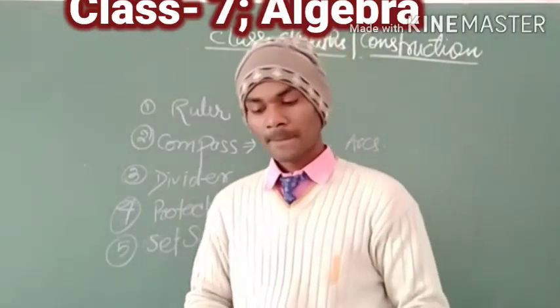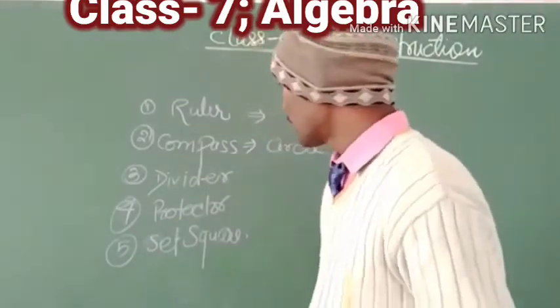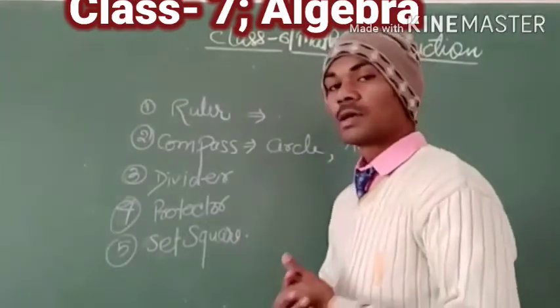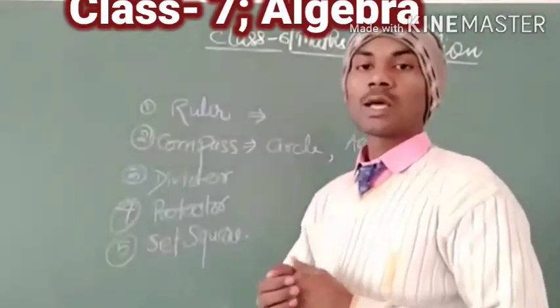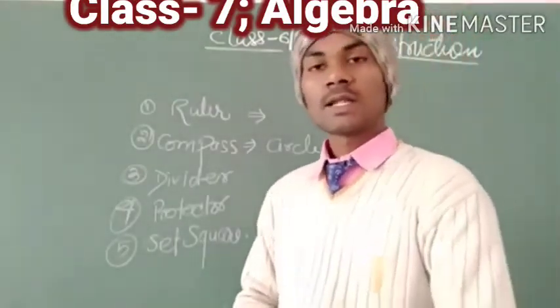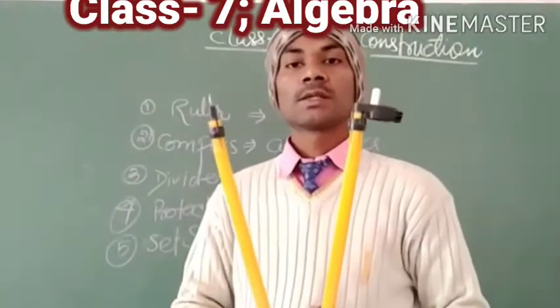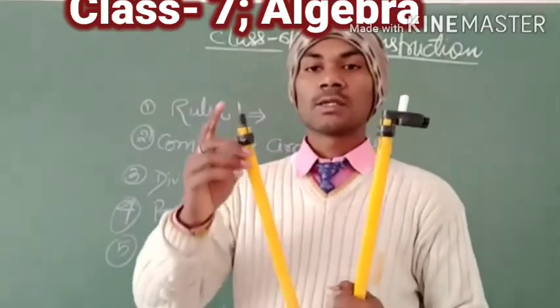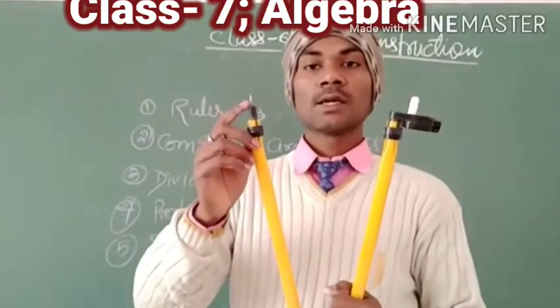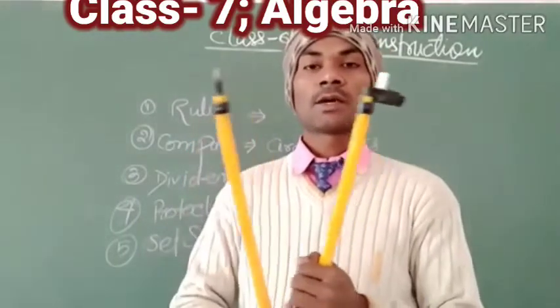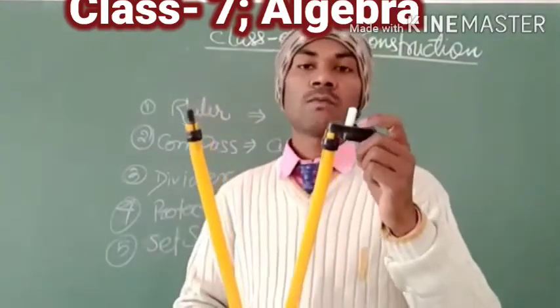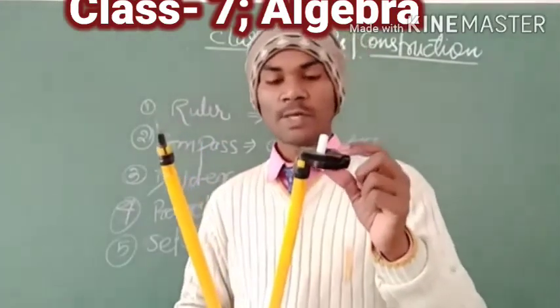Okay. The next is the divider. A divider also looks like a compass, but there is a slight difference: in the compass, one end has a metal needle and the other end has a hole to hold chalk or pencil.